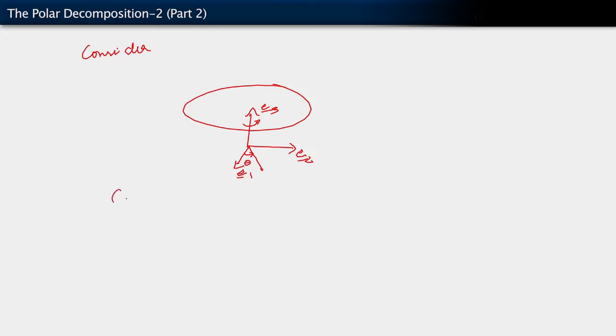You can see that Q as a function of time can essentially be written using this basis as cosine theta of time, sine theta of time, 0, minus sine theta of time, cosine theta of time, 0, 0, 0, 1.